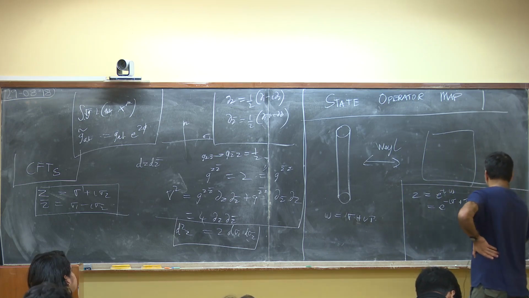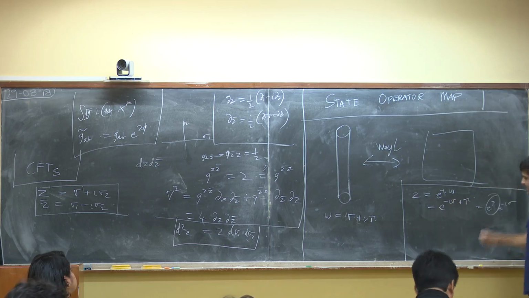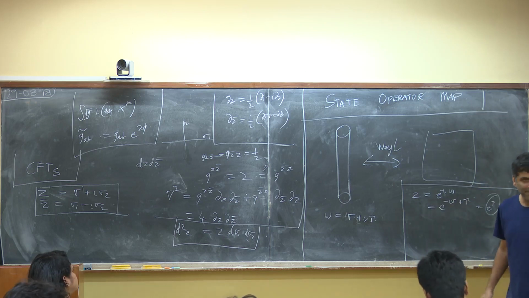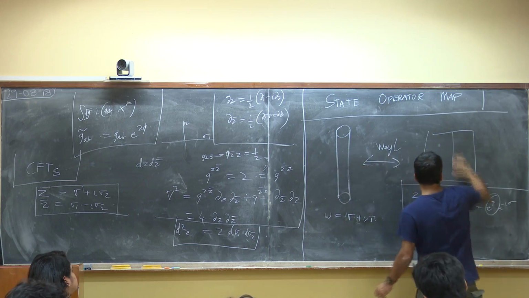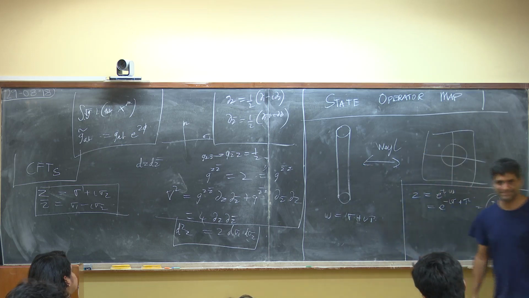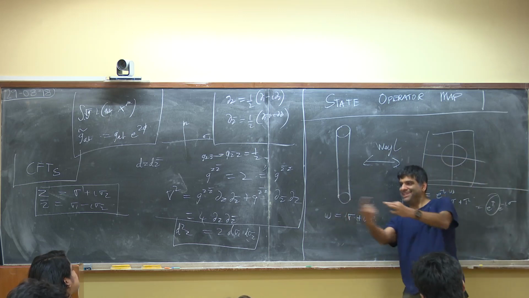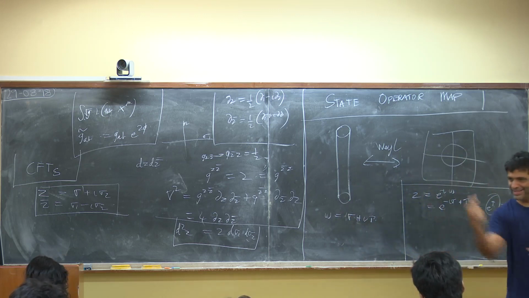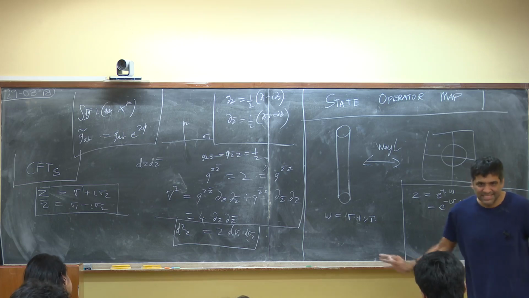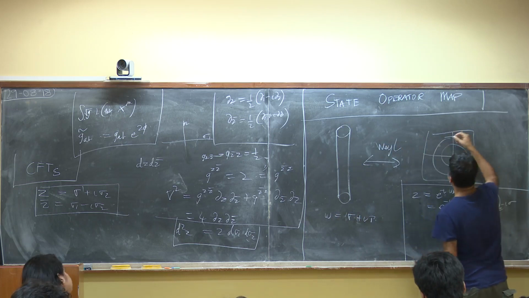So it is equal to e to the power tau times e to the power minus i sigma. So the absolute value of z is e to the power tau. So constant time slices here map to circles on the plane. The angle on the circle is simply the angle on the cylinder up to this minus sign. Angle measured one way is angle measured the other way. Is this clear? And as time increases, the size of the circle increases.